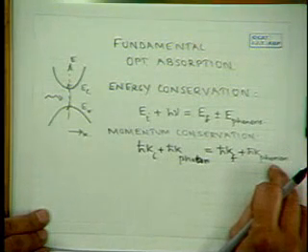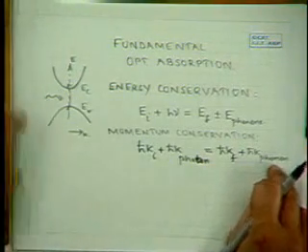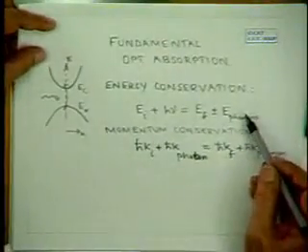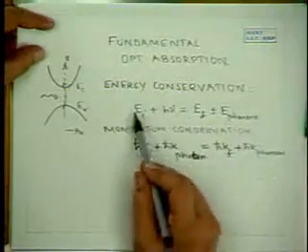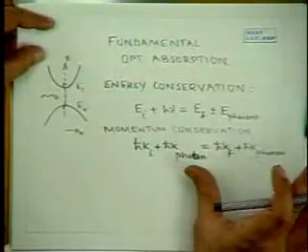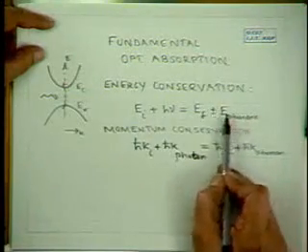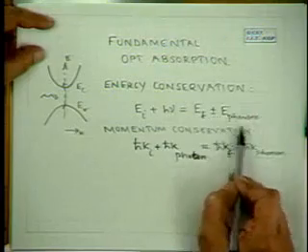But in direct band semiconductors, does the phonon take a role or not? Yes, the question was whether in direct band semiconductors phonons are involved or not. I have written the general expression for both direct and indirect gap semiconductors, and we'll see that in direct gap semiconductors phonons are not involved. It is only for the indirect gap semiconductors that phonons will be involved.